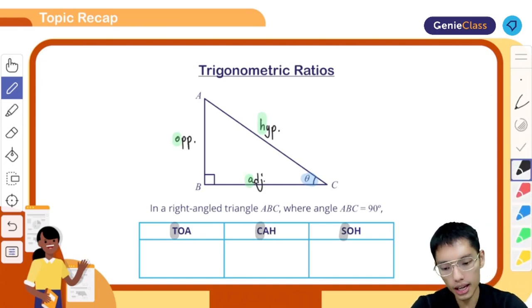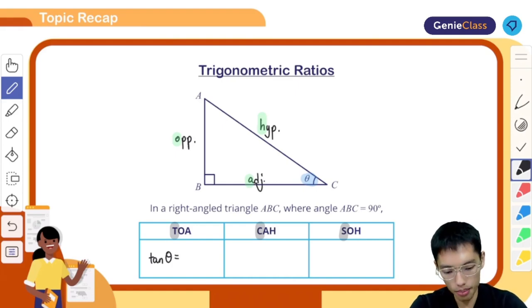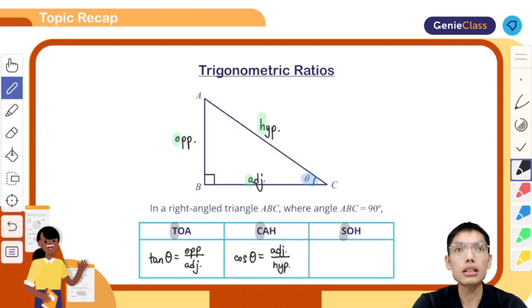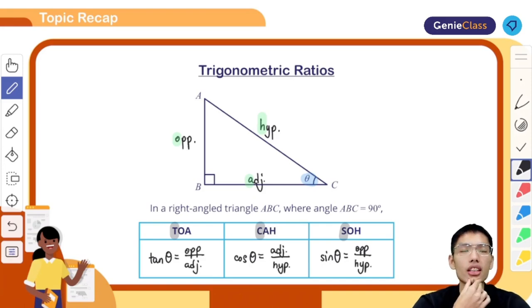So tangent of the angle is going to be opposite over adjacent. Just a recap for everyone. Cosine of the angle is going to be adjacent over hypotenuse. And lastly, sine theta is going to be opposite over hypotenuse. SOH CAH TOA, in another dialect, in Hokkien, if I recall, is known as big leg auntie.